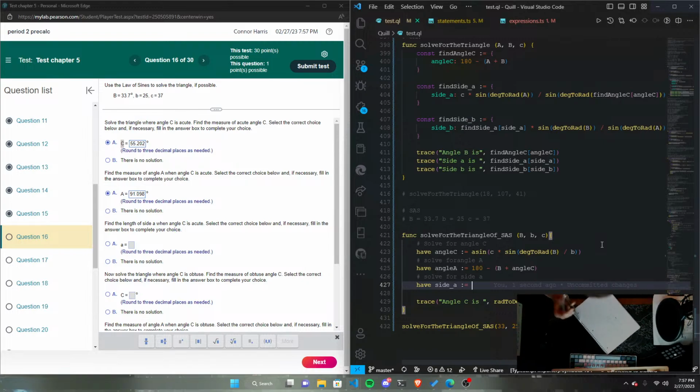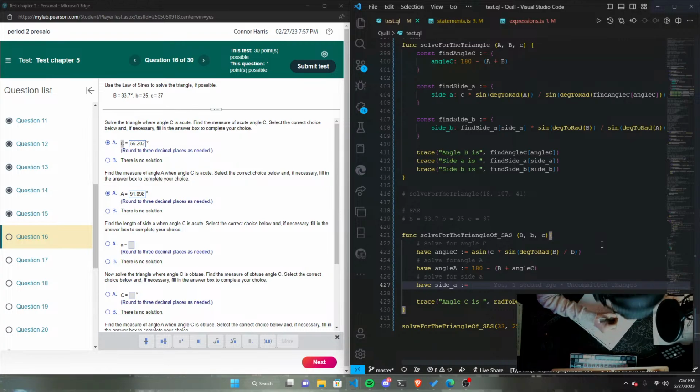Where's my nice pen? So let's actually write down our values so I know what I'm doing. So we have 91.098. No, that's side A. We want angle A. Angle A is 91.098.